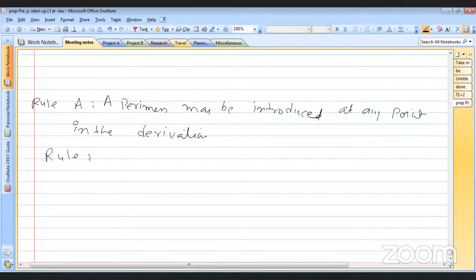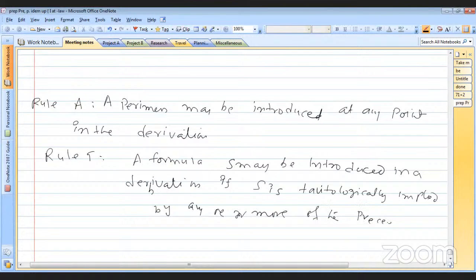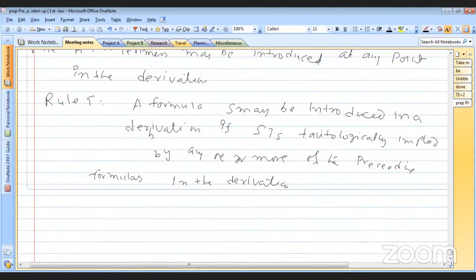Rule T: a formula S may be introduced in a derivation if S is tautologically implied by any one or more of the preceding formulas in the derivation.